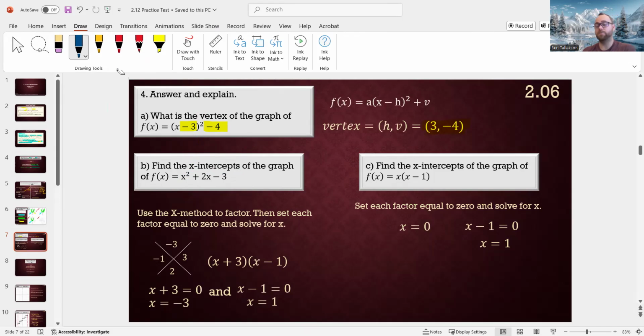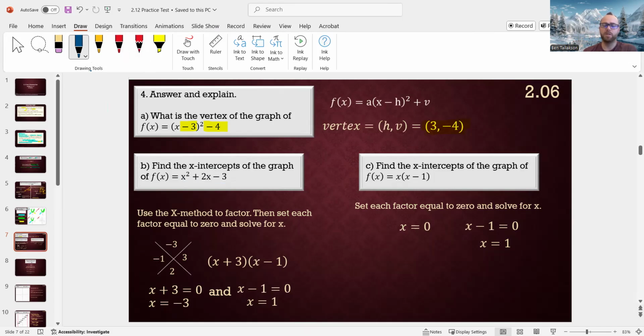No, it specializes in finding the y-intercepts because think about this. Y-intercepts happen when x is 0. Well, if all of these x's were 0, nothing would be left but the -3.